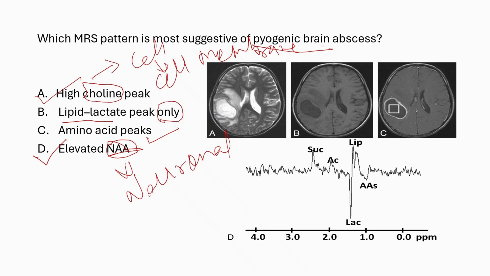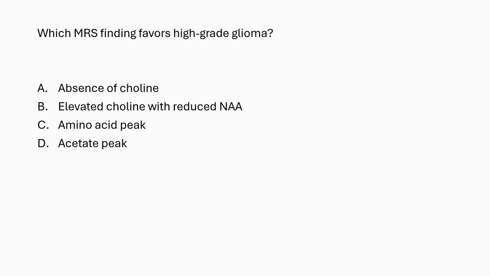So in abscess we see amino acid as well as lipid lactate peak, but amino acid peak is more specific for abscess than lipid lactate peak. Correct answer is C. So this is the succinate and acetate, so amino acid peak, and this is the lactate and lipid peak. So answer is C.